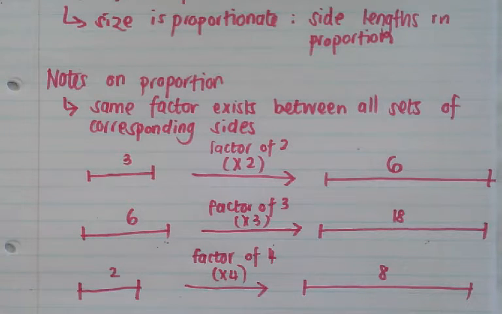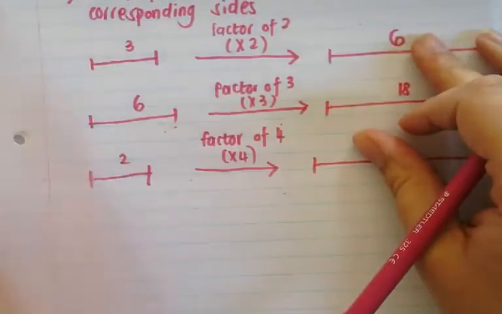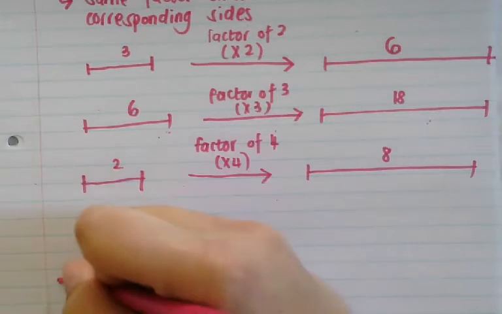So now let's look at what this means in a triangle. Because that was just individual lines. We're not going to be doing individual lines. We will be doing a triangle.